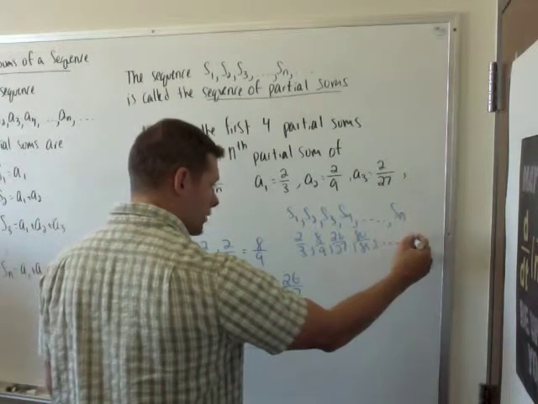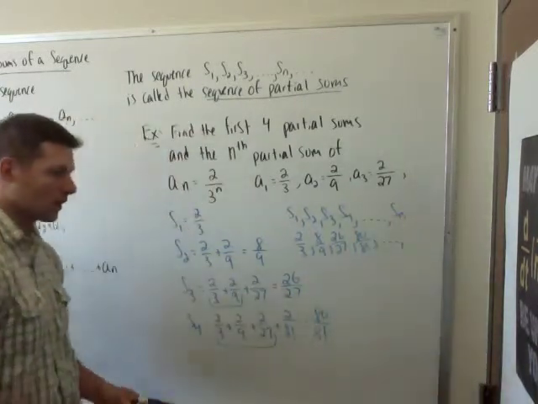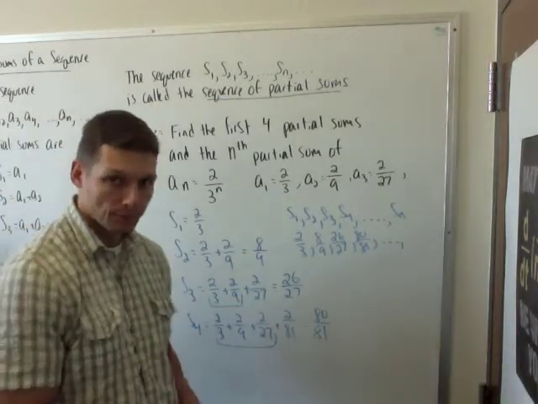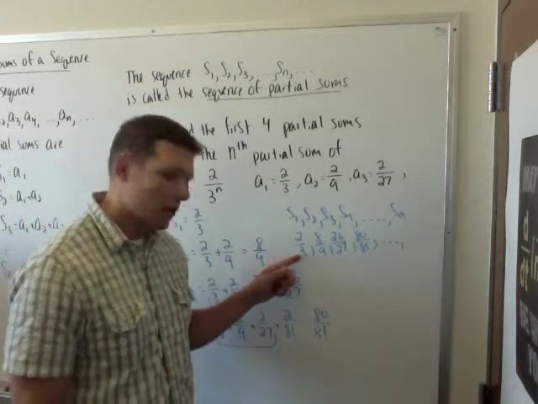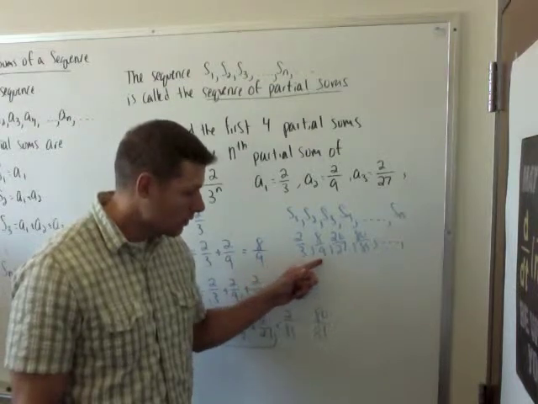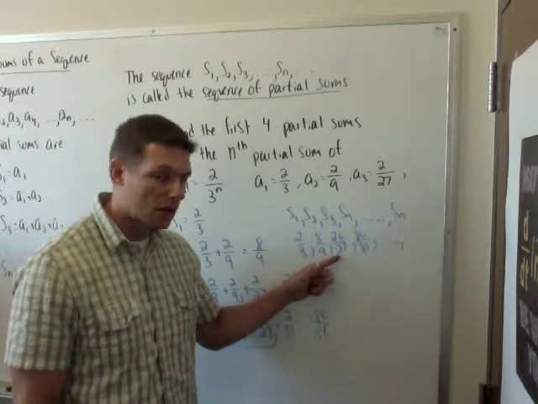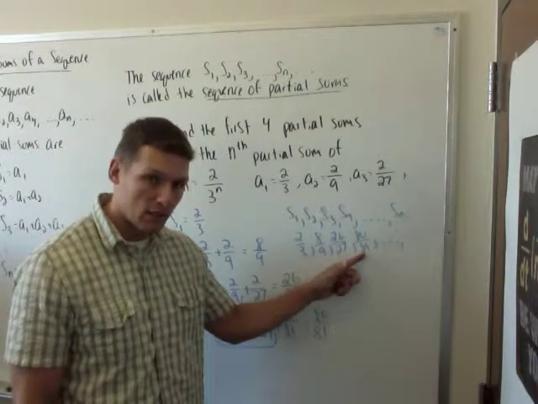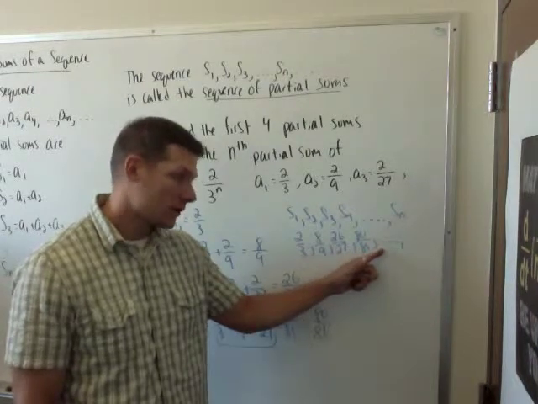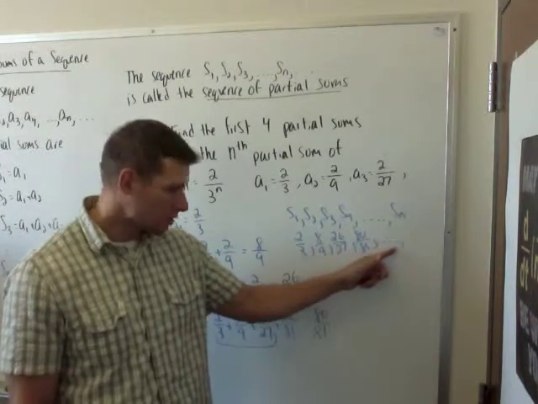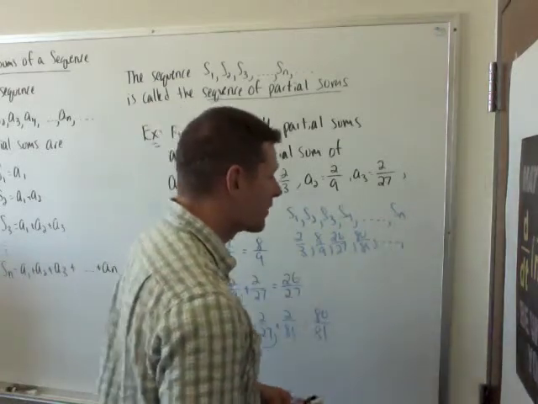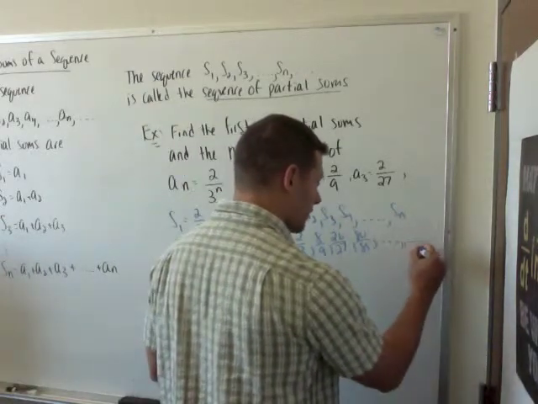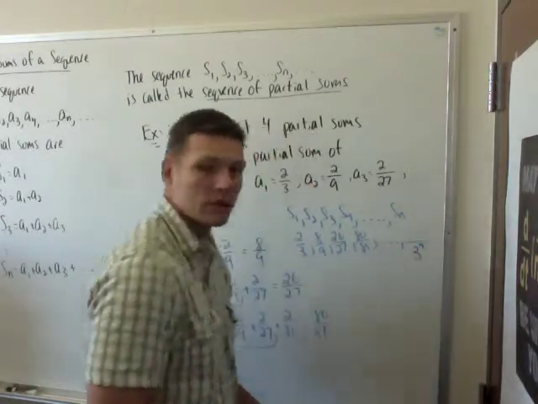And I want to get, what's an expression for that nth term? Well, do you see the pattern? Look at the bases. 3 to the first, 3 to the second, 3 to the third, 3 to the fourth. What's the next one probably going to be? 3 to the fifth. The fifth term is going to have 3 to the fifth. The sixth term is going to have 3 to the sixth. The nth term is probably going to have 3 to the nth power, isn't it?